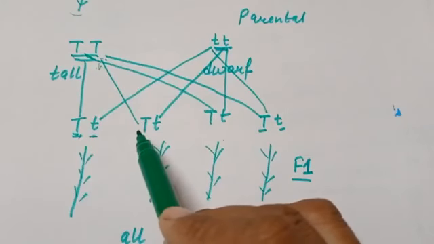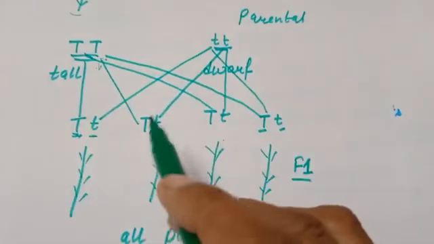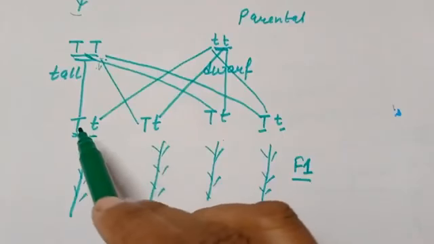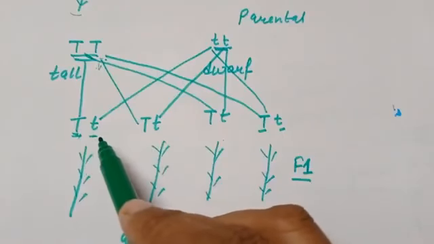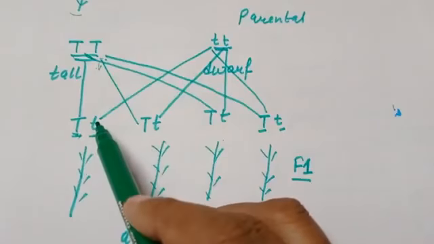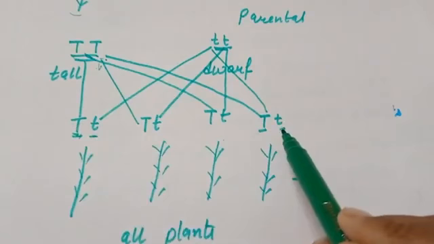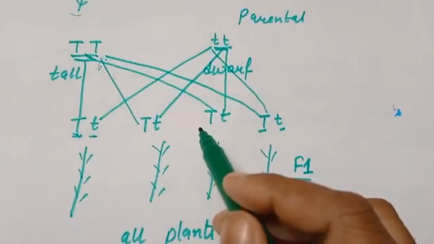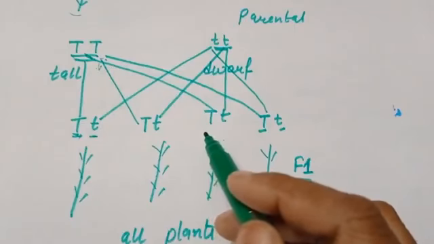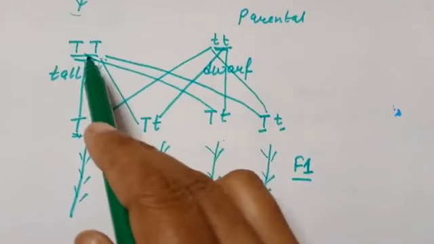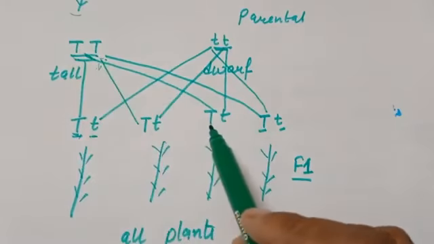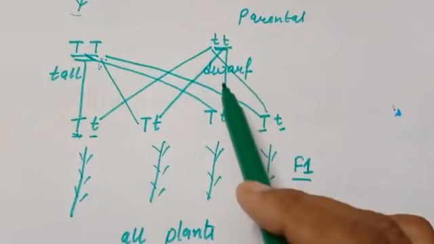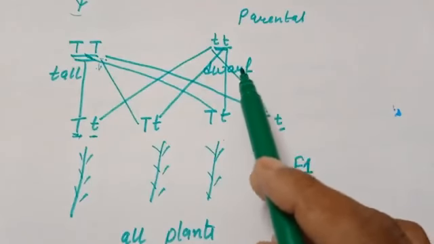So the genotypic ratio is one true-breeding tall, two mixed tall, and one dwarf. What is the basic phenotype here? Either tall or dwarf.